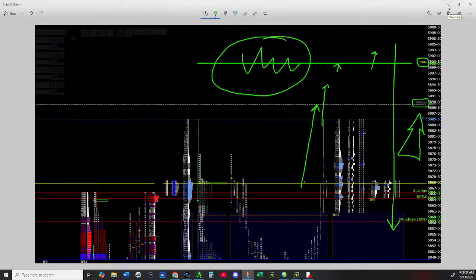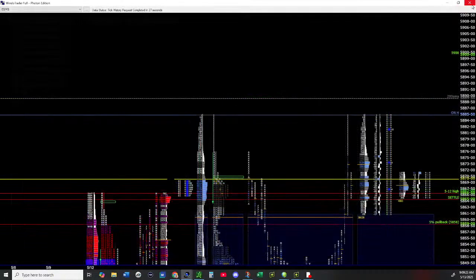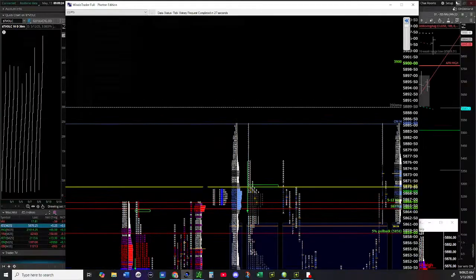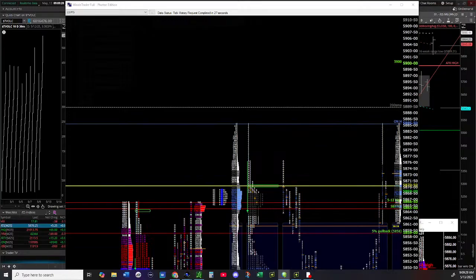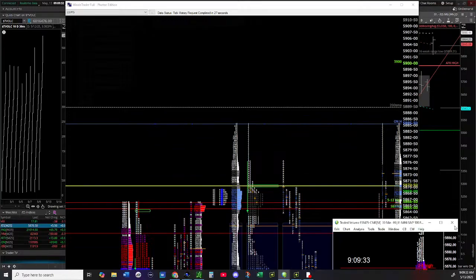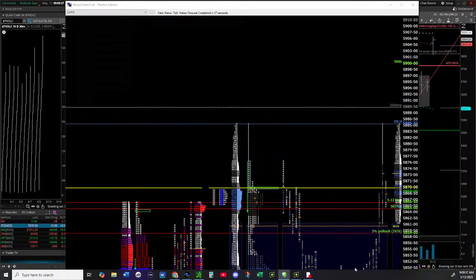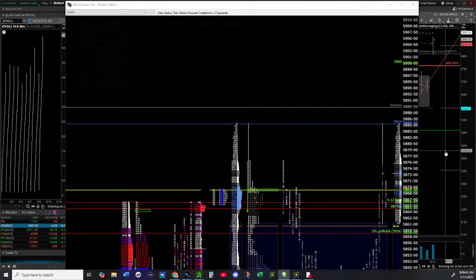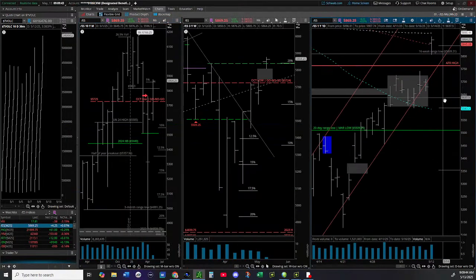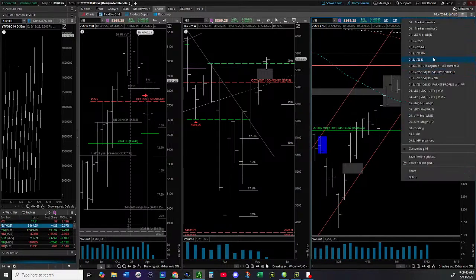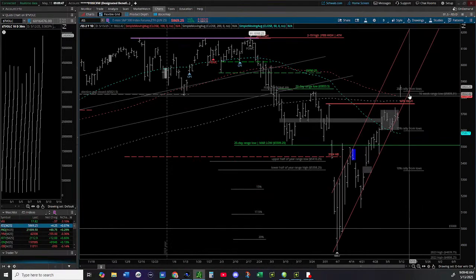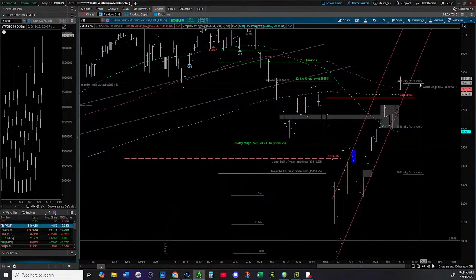Now, how much of a bounce? Let's check it out. I'm going to minimize this one and erase this. How much of a bounce? Check this out. We have a 20% rally.